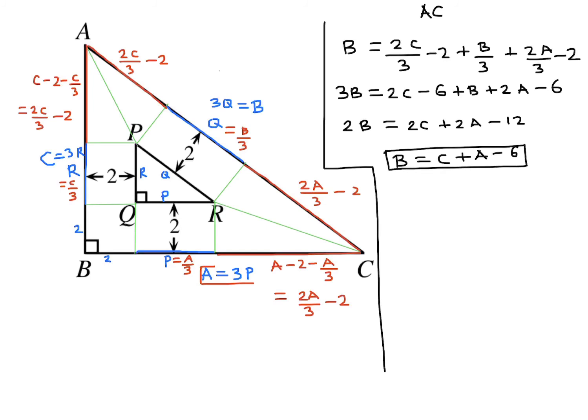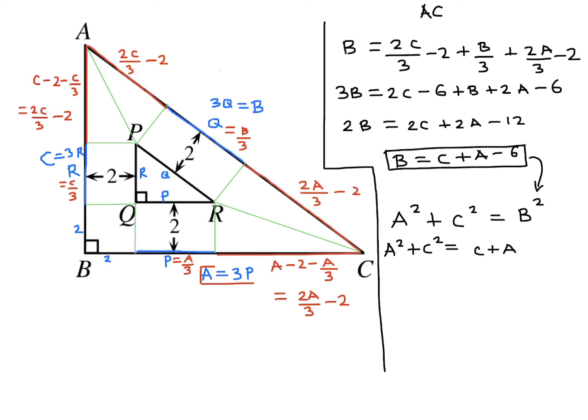Now we will use the Pythagorean theorem on the entire triangle for a, b, and c. This side, of course, is c. This side is b. And this side is a. All right? So we have a squared plus c squared is equal to b squared. And then b squared, we can use that to substitute.